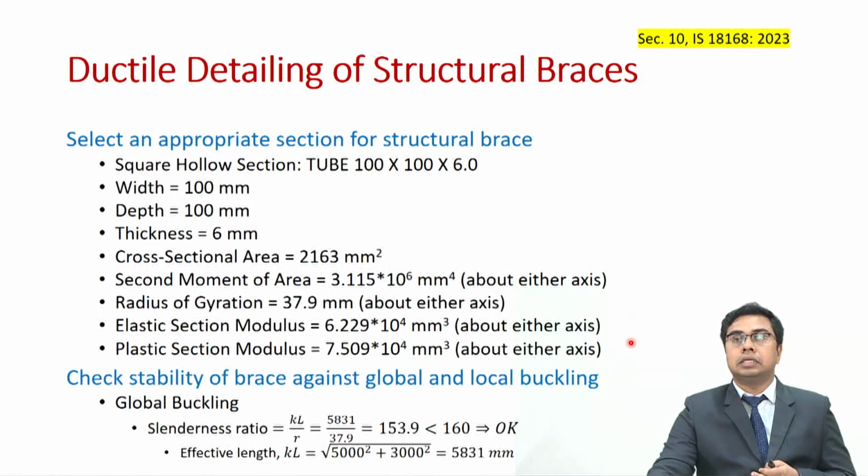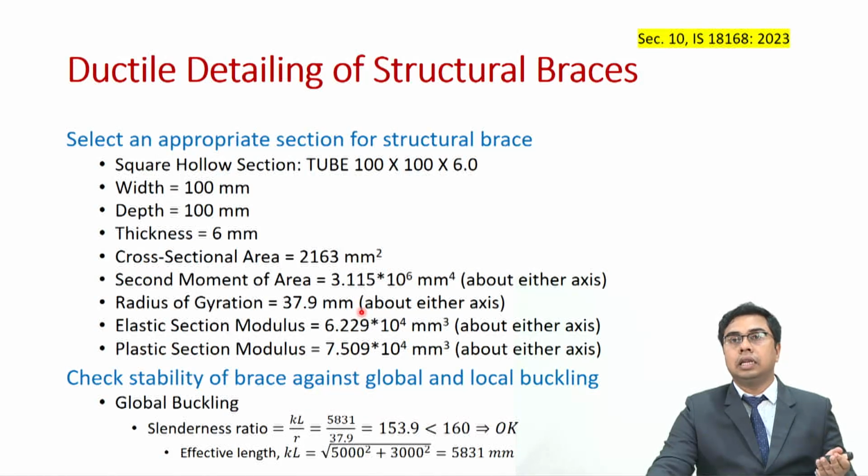Now, we will check the adequacy of this brace section against global and local buckling. In case of global buckling, we calculate the slenderness ratio KL by R. The effective length remains the same as 5.83 meters. However, the radius of gyration is now 37.9 millimeters. It may not always be true that a section with larger thickness will have increased radius of gyration.